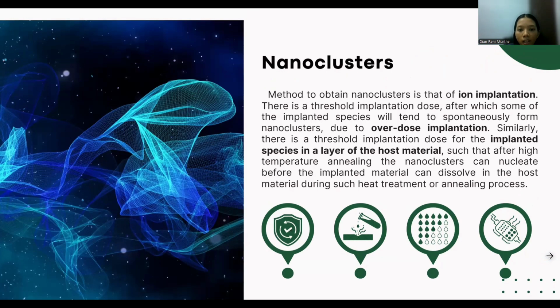Similarly, there is a threshold implantation dose for the implanted species in a layer of the host material, such that after high temperature annealing, the nanoclusters can nucleate before the implant material can dissolve in the host material during such heat treatment or annealing process.